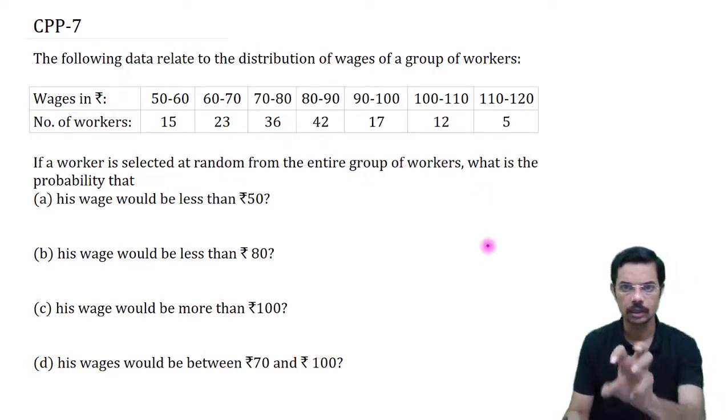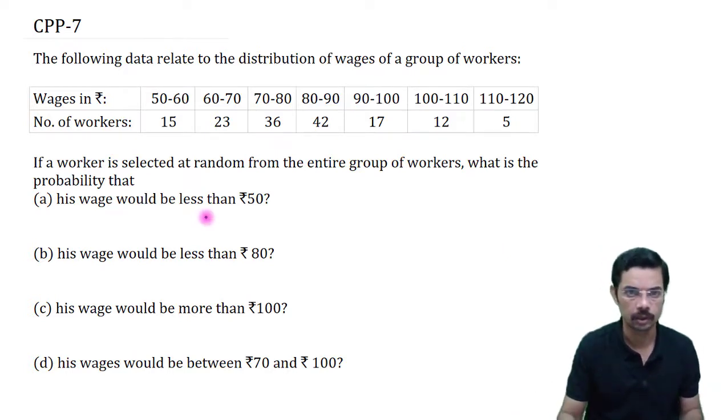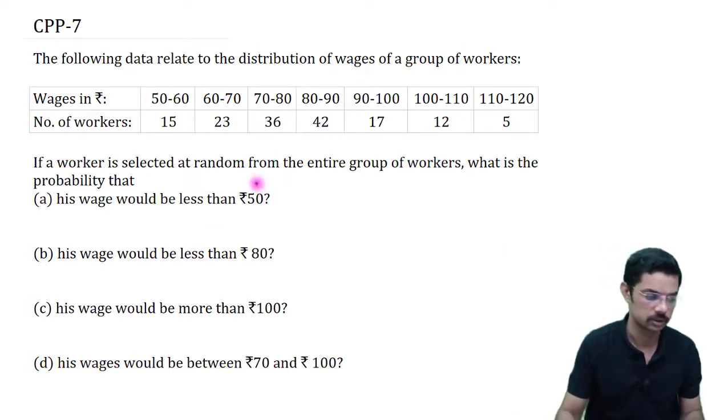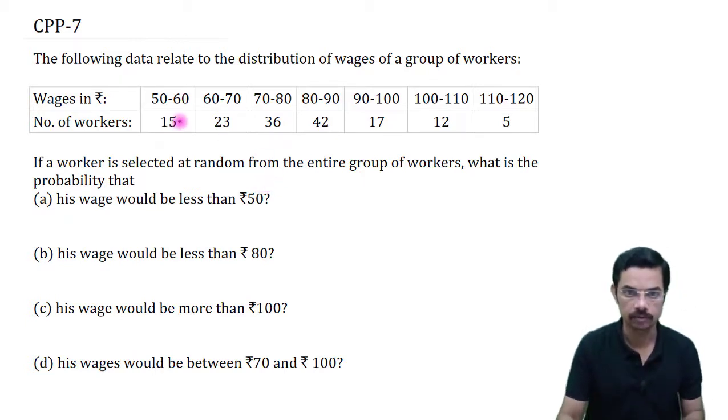How many workers are there in total? That is what we need to know. So there are 15 plus 23 plus 36 plus 42 plus 17 plus 12 plus 5, which is equal to 150 workers.